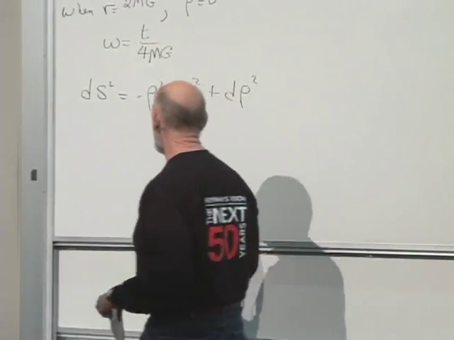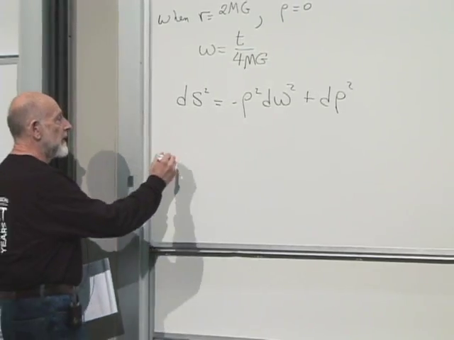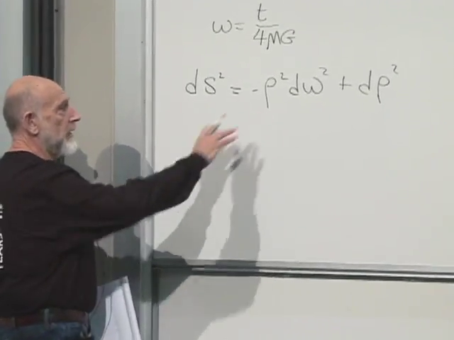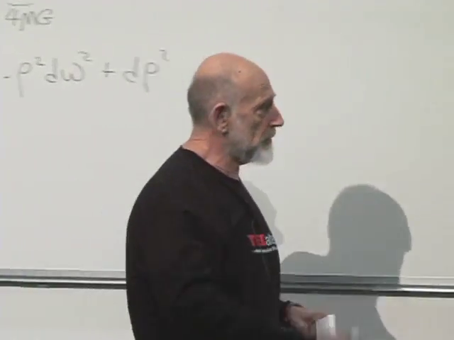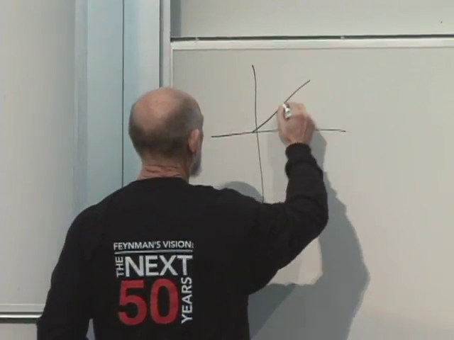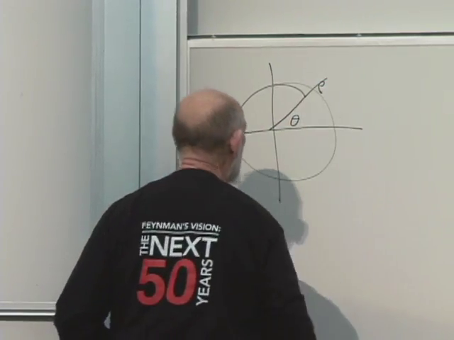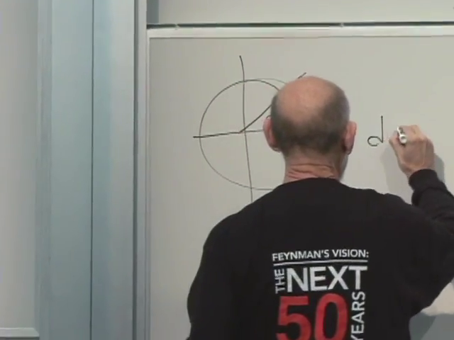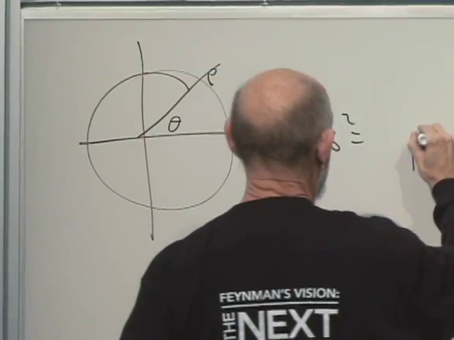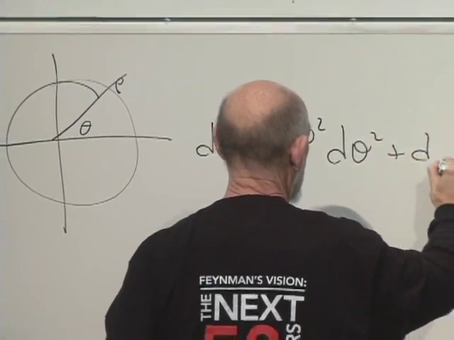In polar coordinates, we would ordinarily write ds squared is equal to rho squared d theta squared plus d rho squared.